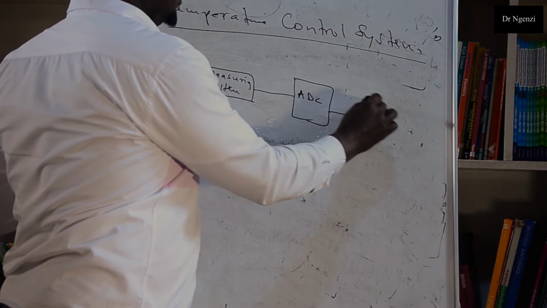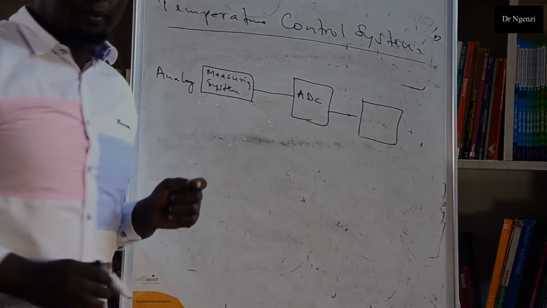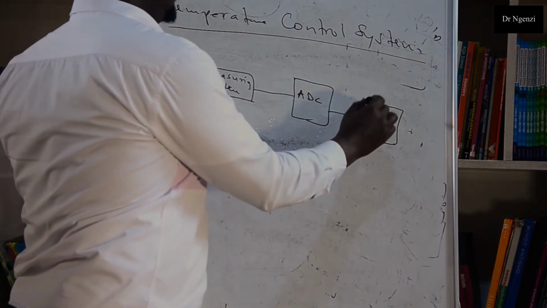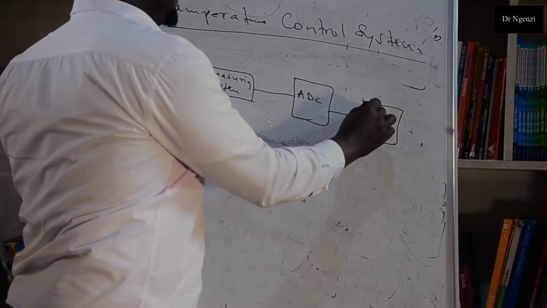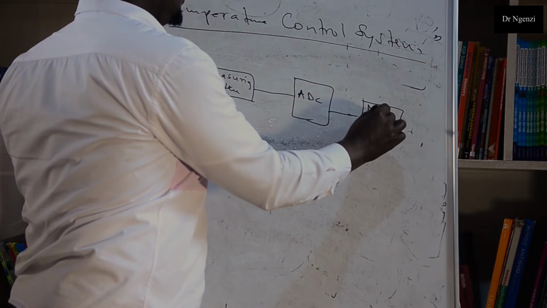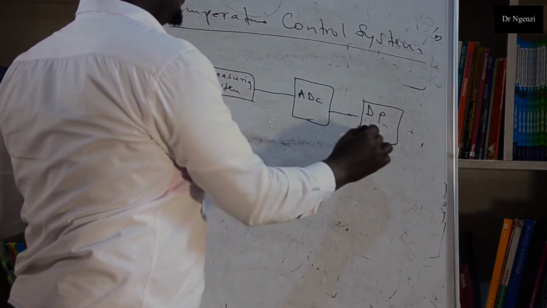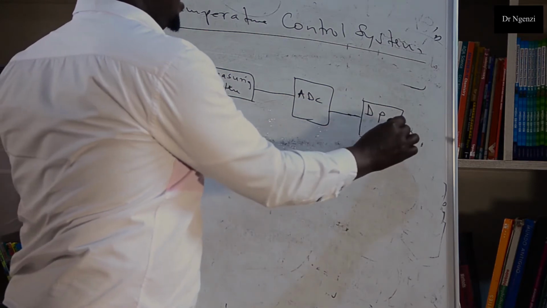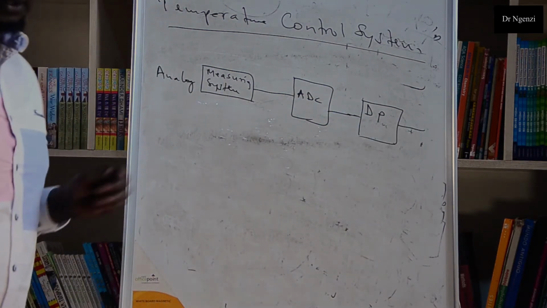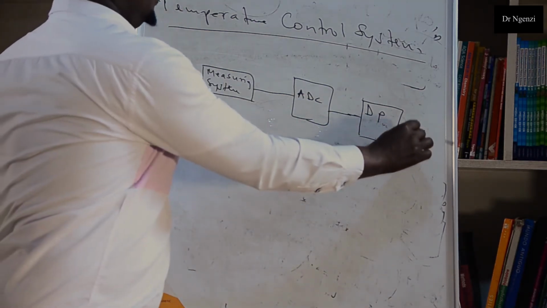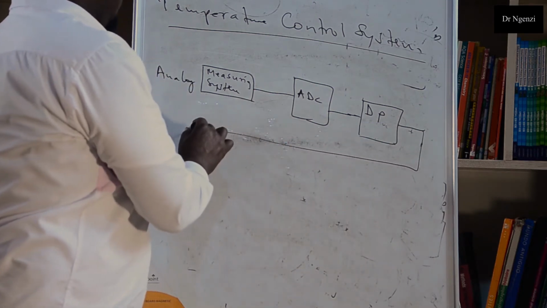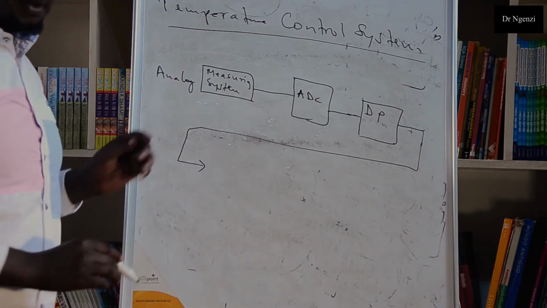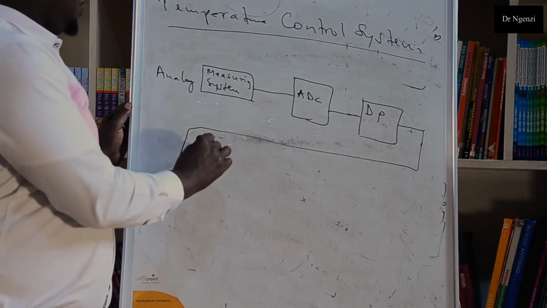It goes to digital processing, the digital processor. I call it the digital processor in this case, and then it undergoes some of the diagram here, as I mentioned last time. Then it's going to be a digital to analog converter.